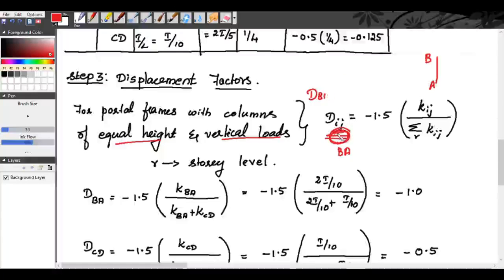So Dij will be equal to minus 1.5 into relative stiffness Kij divided by sigma Kij.